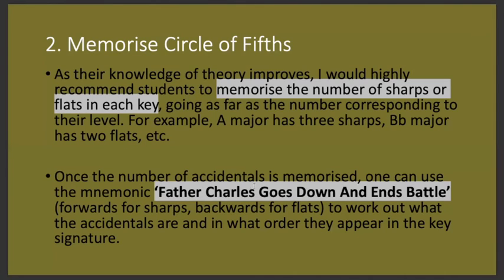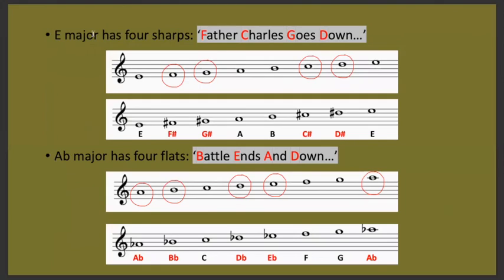Once the number of accidentals is memorized, one can use the mnemonic Father Charles goes down and ends battle, forwards for sharps, backwards for flats, to work out what the accidentals are and in what order they appear in the key signature. So, E major has 4 sharps. Father Charles goes down.